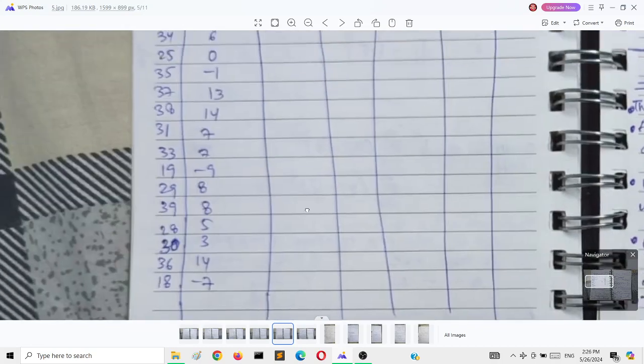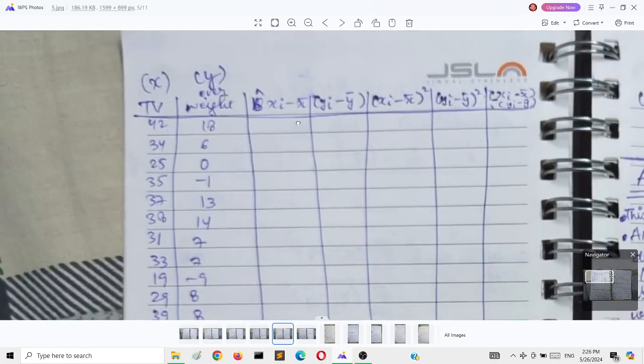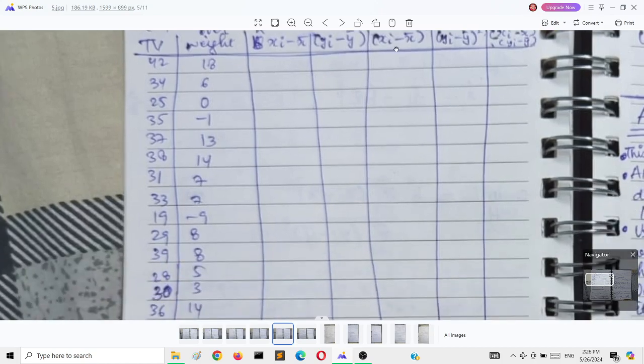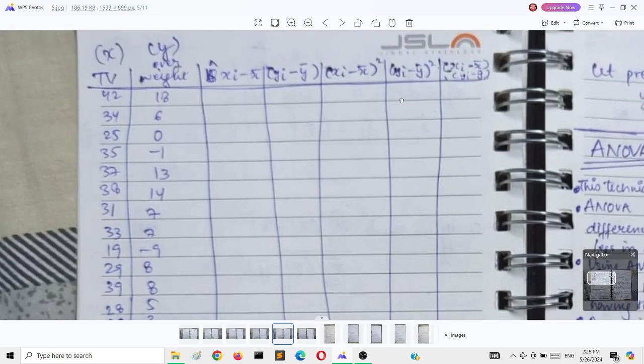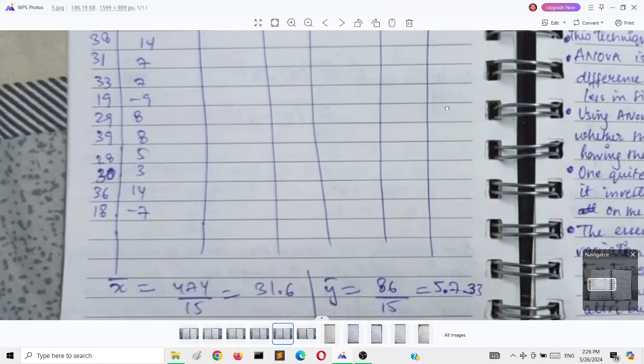Now we need xi minus x bar, calculated from whatever the mean was. Similarly, we calculate yi minus y bar, for all of the values. We square xi minus x bar, we square yi minus y bar, and then we also calculate xi minus x bar multiplied by yi minus y bar. After doing that we get a particular value, and we sum up all of these values. Why?